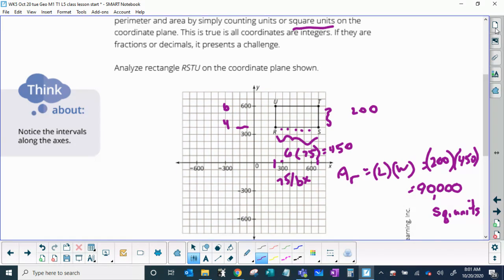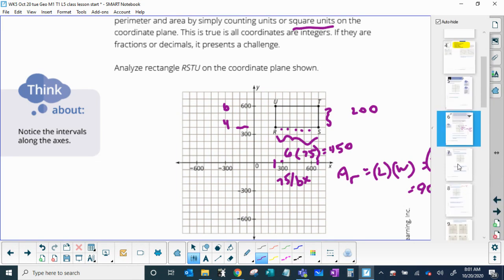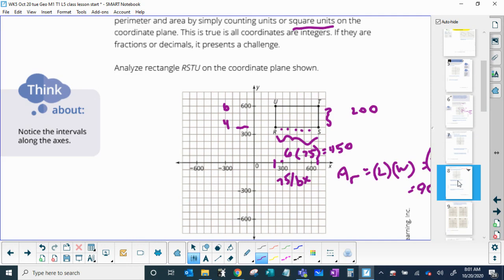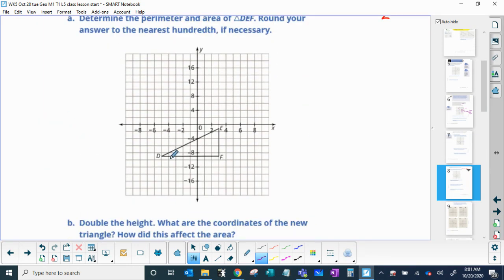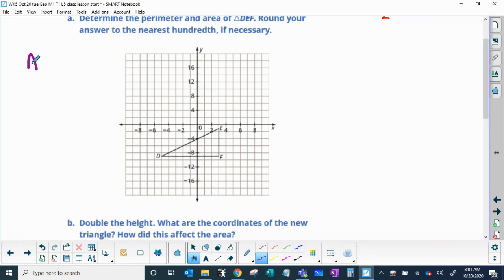Let's go to a triangle now. Let's see if we can find ourselves a triangle to work with here. There we go. Okay, so now we're down here on page 75, and we've got a triangle. We're looking for area, and we know that the area of a triangle is the length times the width divided by 2. Well, we already know that, don't we? How long is this? From -5 to 3, 8 units.